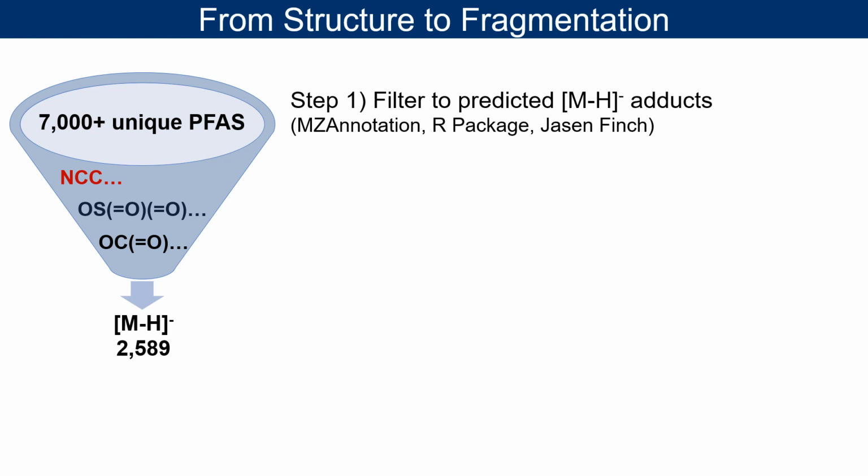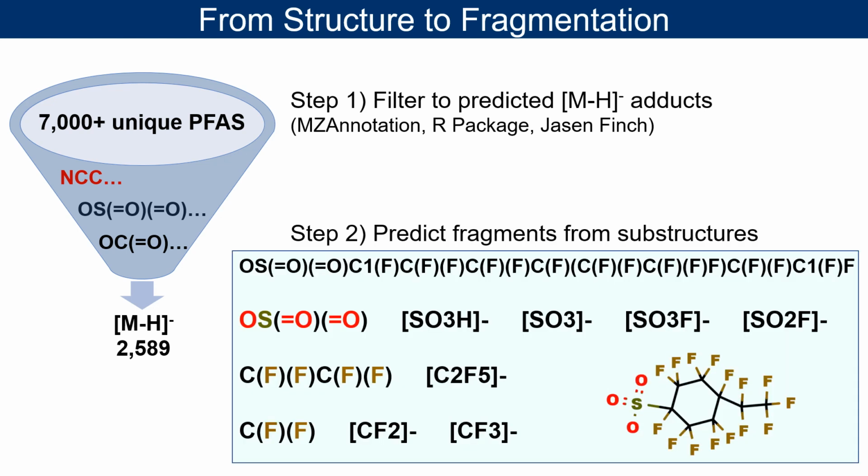As our fragmentation currently, the rules we've developed are only for M-H adducts, although users can expand those libraries to other types of adducts and positive polarity. After we filtered the 7,000 plus unique PFAS found in the EPA structural database to about 2,589, then we assigned fragments to all 2,589 based on substructures we observe in the SMILES notation.